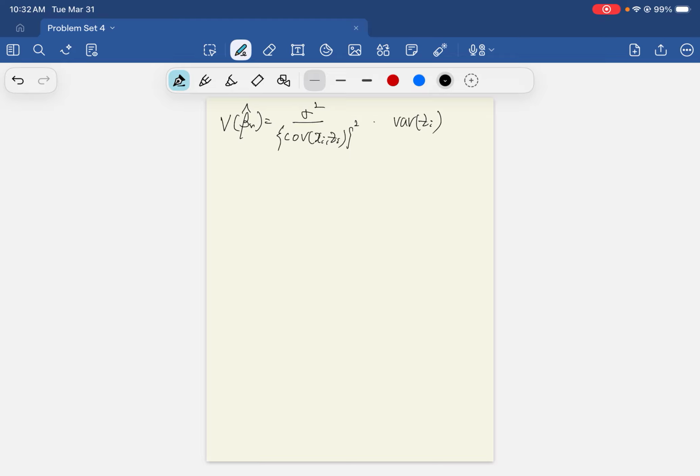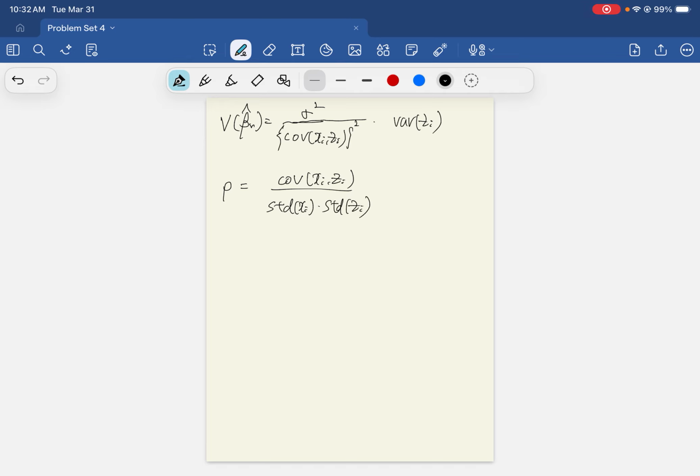This was the variance of the IV estimator, the IV regression coefficient. Okay, let me manipulate it a little bit. By the way, the correlation coefficient rho is defined as covariance between x and z divided by standard deviation of x and standard deviation of z.